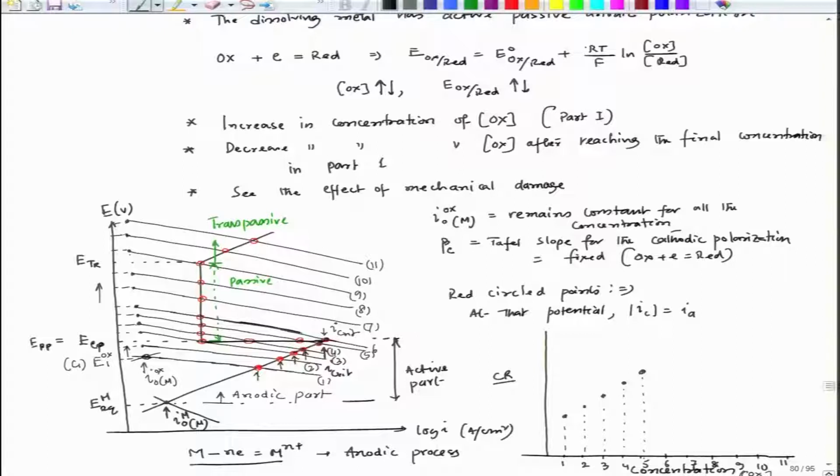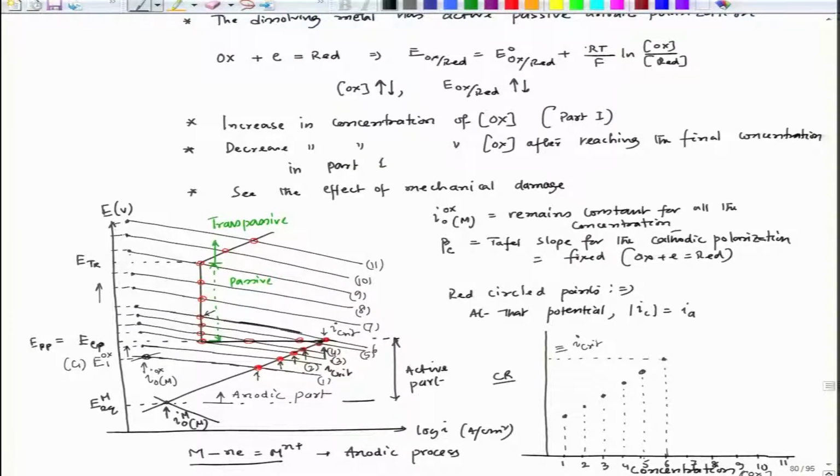Since it is the fresh metal to start with, the corrosion rate would be here, not at this location, because we are starting with the fresh metal. So now at 6 the corrosion rate is equivalent to I critical.